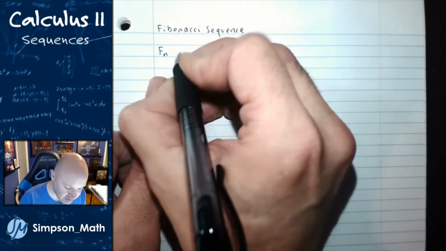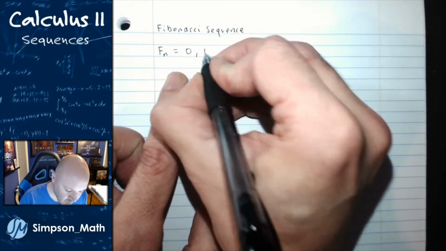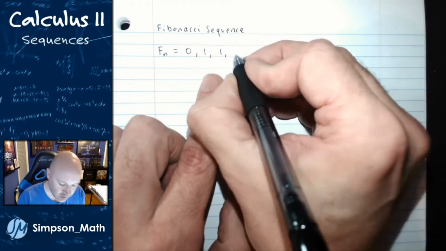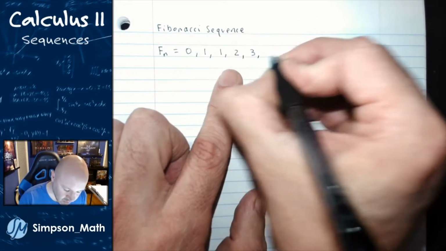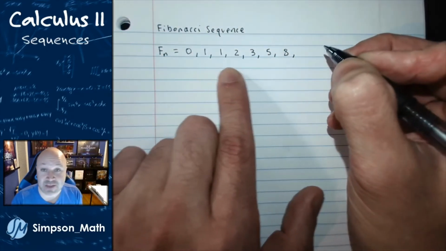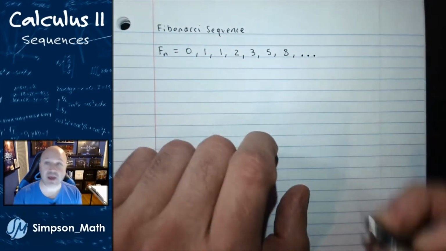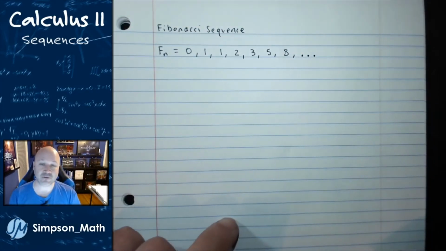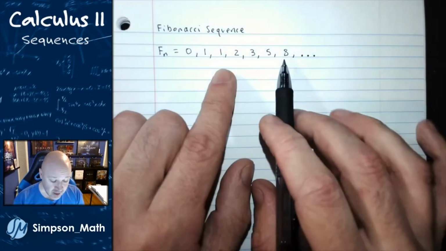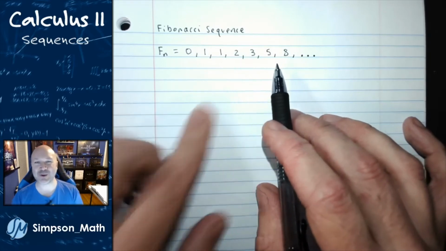This is the Fibonacci sequence, and I'm going to start it off at 0, 1, 1, 2, 3, 5, 8. I think a pattern is obvious in here, or at least enough to define one. So I'm going to put a dot, dot, dot, and this sequence goes on forever. If you're unfamiliar with the sequence, I'll talk about it when I get to the recursive form.